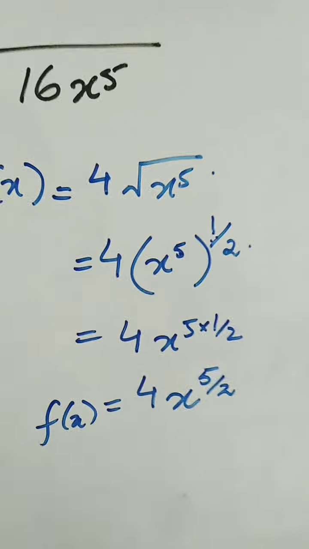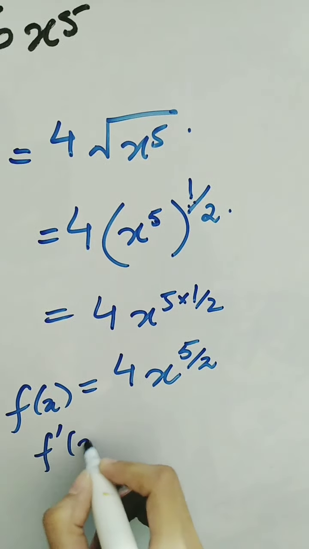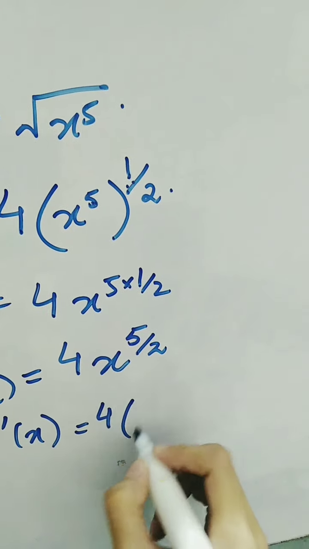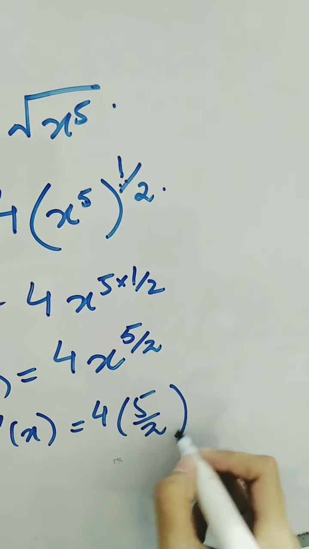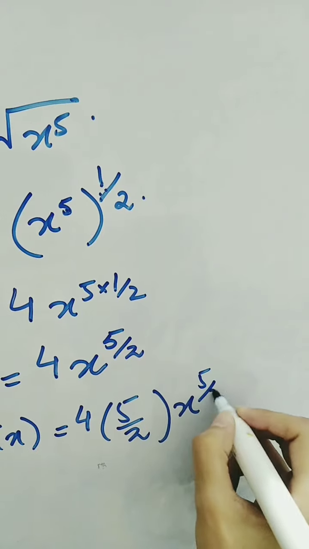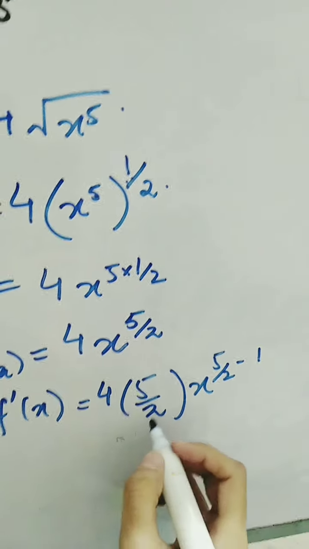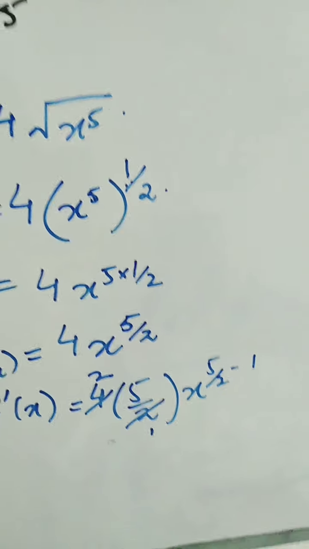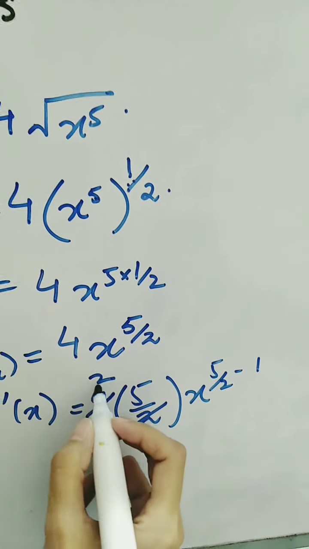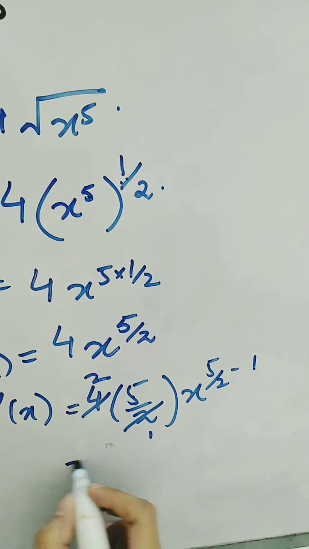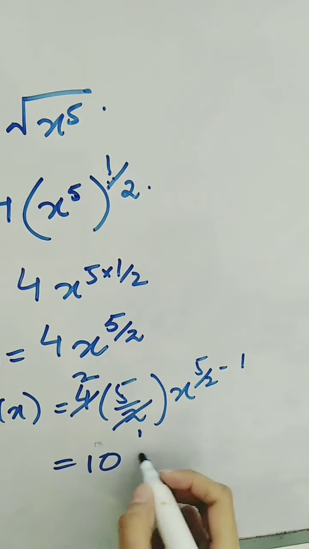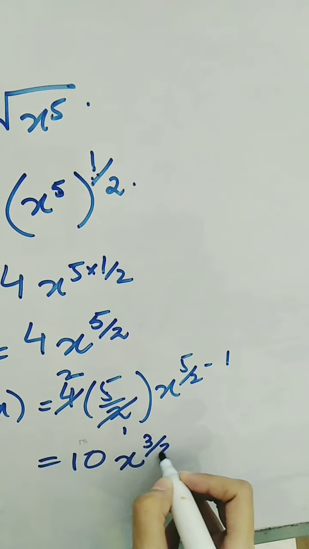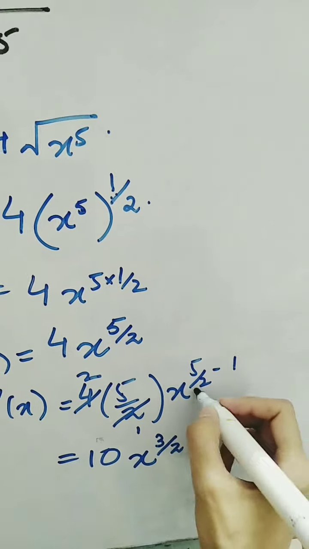Now we take the derivative of this function and we will have 4 as it is, 5 over 2 x raised to 5 over 2 minus 1. Now this 2 cancels out and we have 2 here, and this 2 gets multiplied with this 5 and we have 10 here, and after solving this we have 3 over 2. We have just taken the LCM over here.